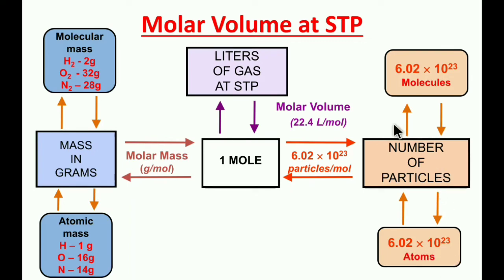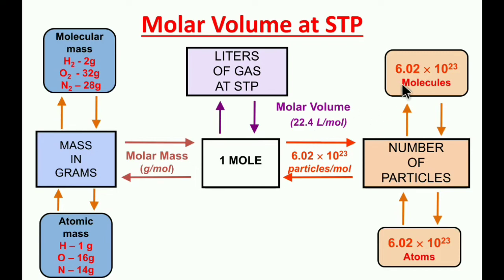That means we can also equate this with molar volume. Just like the molecular mass of molecules equals the molar volume, similarly 6.02 into 10 to the power of 23 molecules of any substance occupy 22.4 liters of volume at STP.